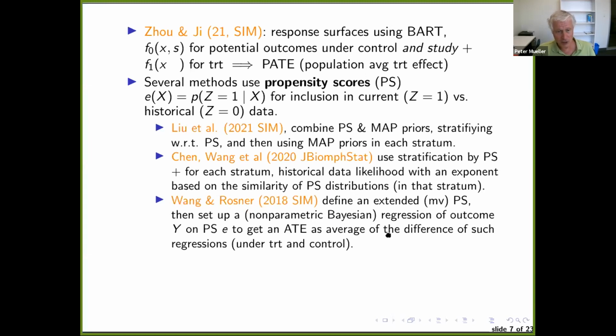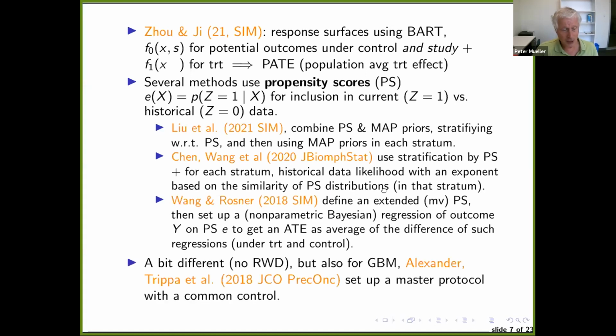The special twist here is that they are setting up a multivariate propensity score, considering potentially more than 2 studies to borrow strength across. And they are setting up that regression of outcome on propensity score. They are setting it up as a non-parametric Bayesian regression, close to my heart. That's why I noticed it.